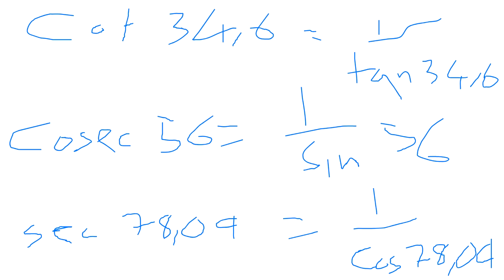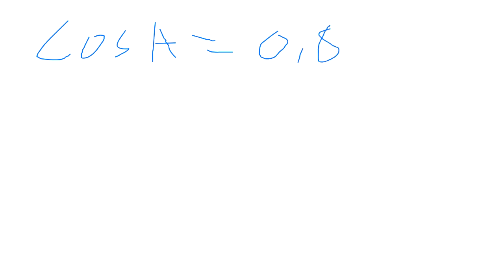So the first one, activity 8.3, we have cos A equals 0.859.